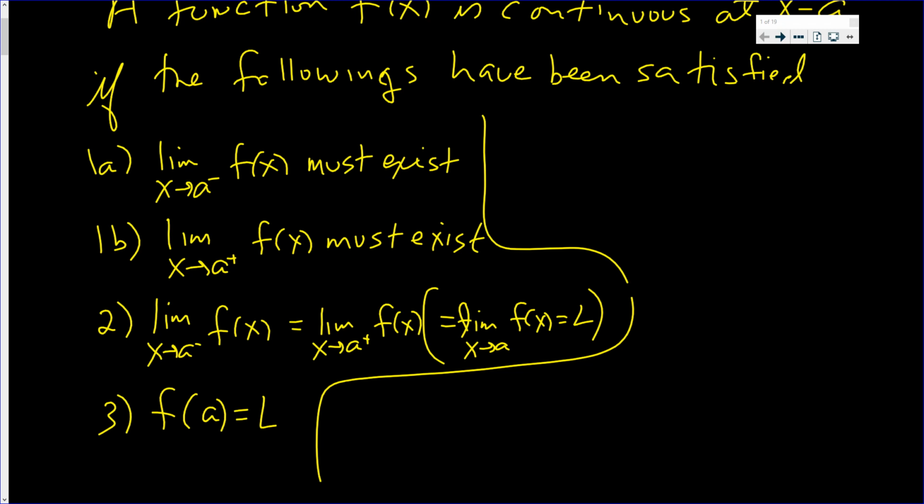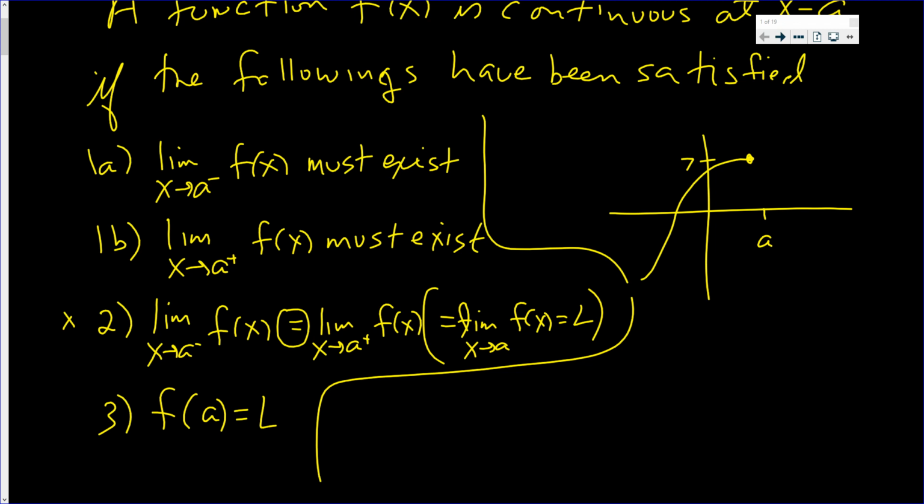Now, what about failing 2? The left limit and the right limit are not equal. To the left of a, the graph can come up, getting closer and closer to 7.